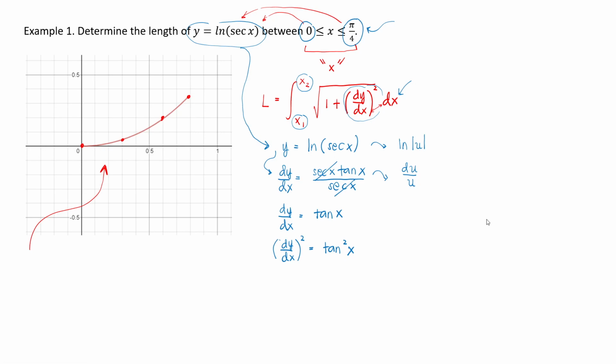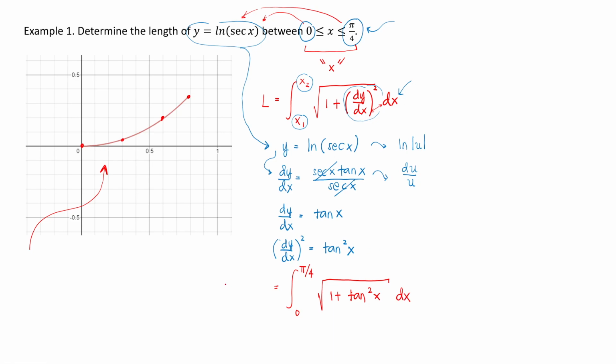So replacing the terms in your formula, this becomes the integral from 0 to pi over 4 of the square root of 1 plus tangent squared x dx, since dy over dx squared is tangent squared x.